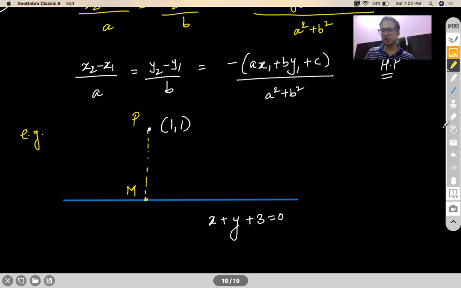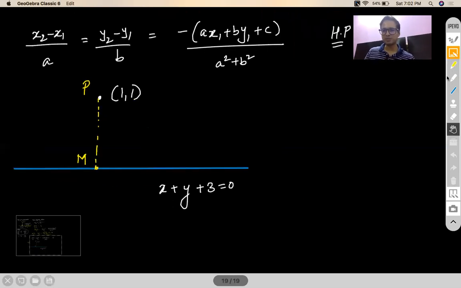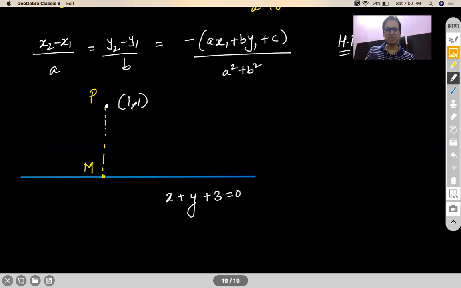I want to find the coordinates of M. So see how you apply this formula. This point is x1, y1, and this point is x2, y2. Just follow your formula. This is your x1, y1, and this is your x2, y2. So now you are going to just apply the formula: x2 minus 1 by a.